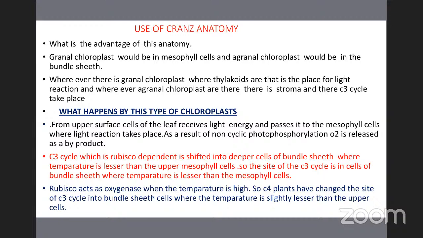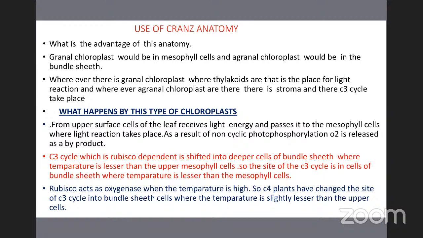molecules. And here one problem is created, that is the loss of electrons in pigment system 2, and how will that be compensated, or how will the electron loss be replaced? By means of photolysis. What does photolysis of water mean?